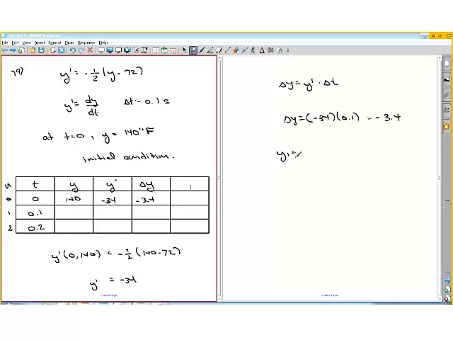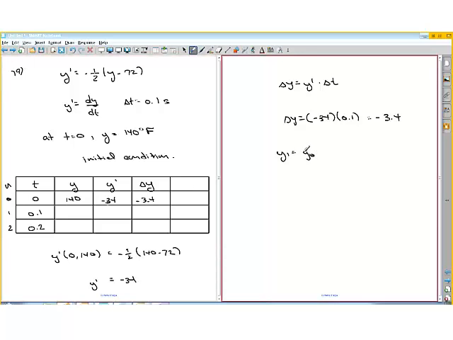We can call it n. So y sub 1 is going to be equal to y sub 0 plus delta y. Y0 is the temperature, and then we add delta y, which is negative 3.4. So if you take 140 minus 3.4, you get 136.6.